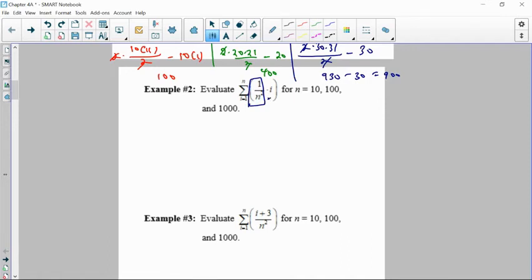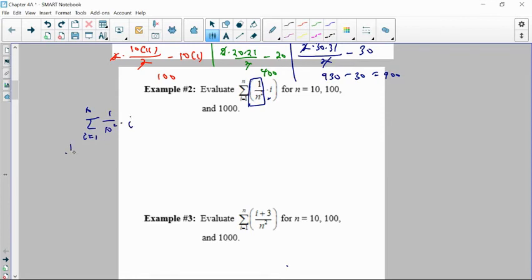i is the thing that's changing over time. So if I look at the summation, I can actually pull out that 1 over n squared if I wanted to. So for n equals 10, I could say the sum, i equals 1 to 10. So it'll be 1 over 10 squared, which I could pull out, times i.